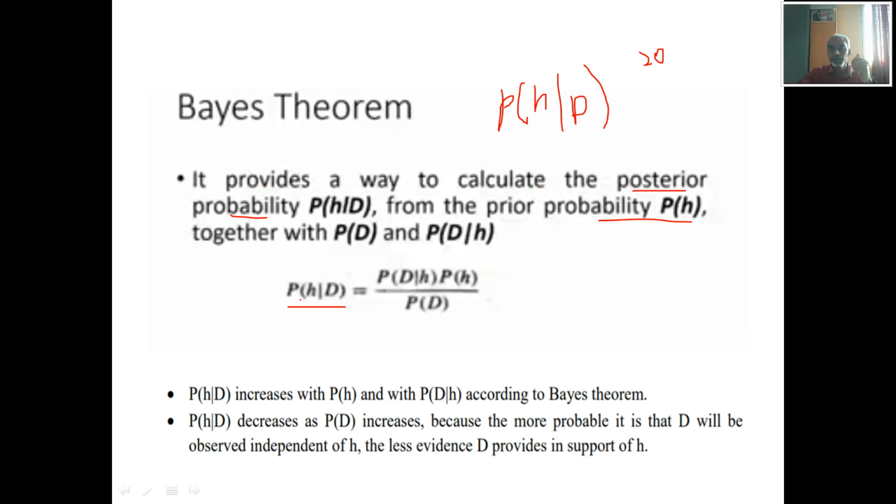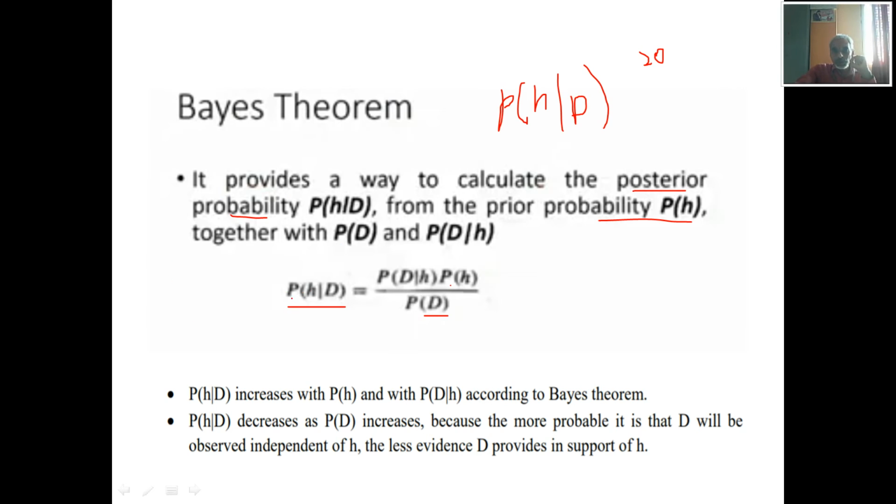Probability of this particular hypothesis, which we call the prior probability. Already we have seen, right? So probability of D given H into probability of H divided by probability of your data P of D. So this is the equation, a very important equation of the Bayesian theorem.